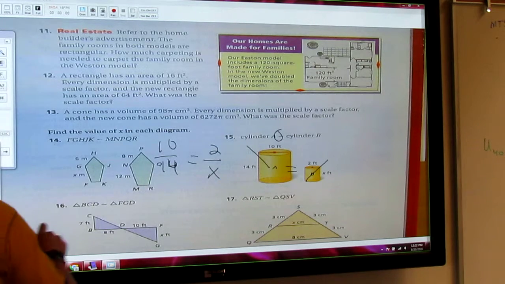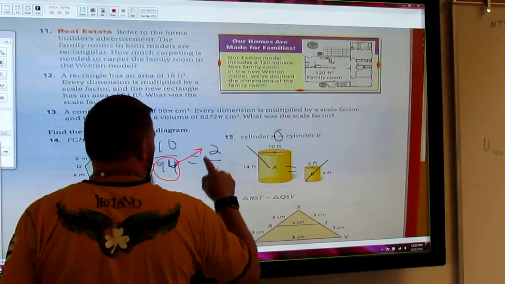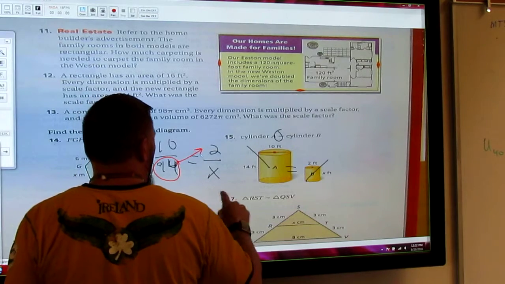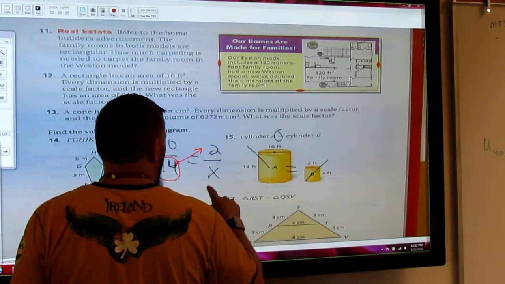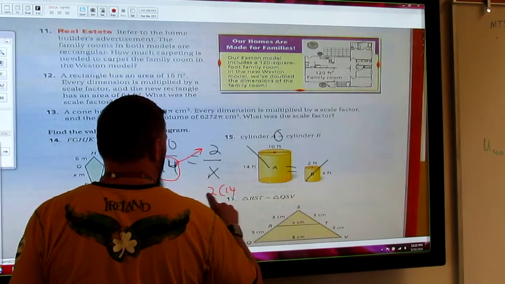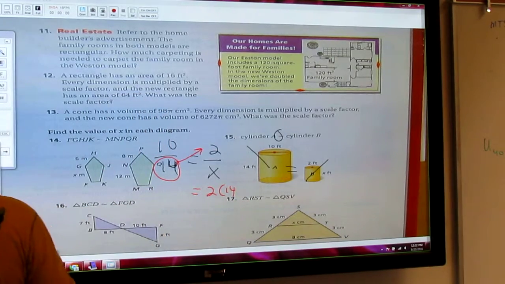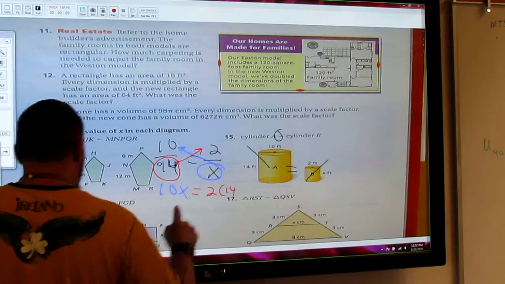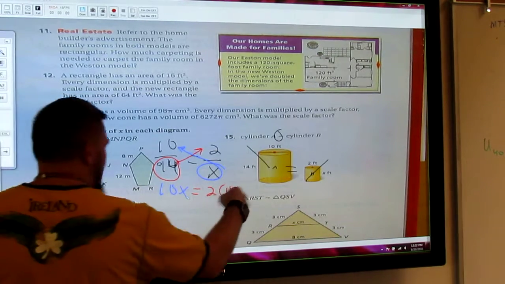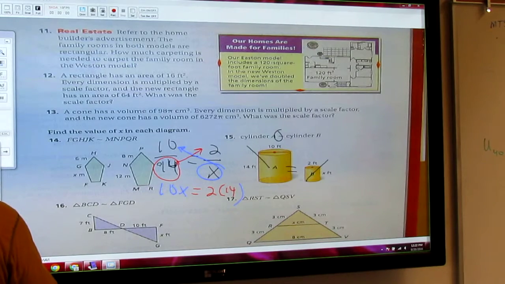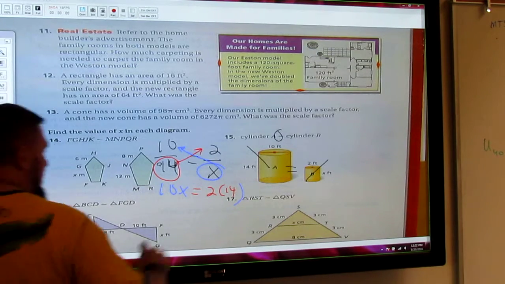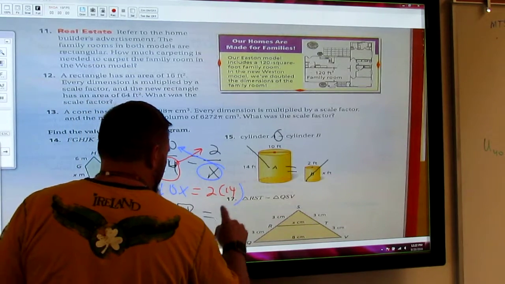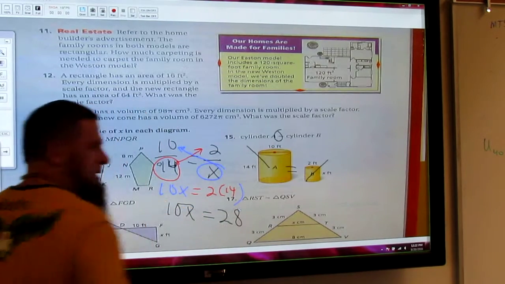That's it. 14 times 2 equals x times 10, which is 10x. How do I solve? Well, first I do 2 times 14, which is 28. So 10x equals 28, right?